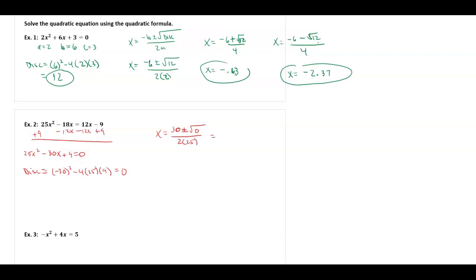Now, if you really think about it, we could break this up into two problems, but 30 plus 0 divided by 50 will be the same as 30 minus 0 divided by 50. So does it really matter, right? When you do this, you'll get one answer in the end, and that is x equals 30 over 50, which would give you 0.6.